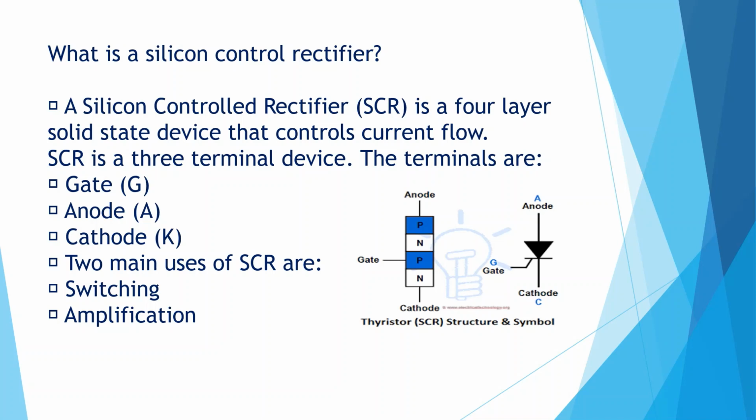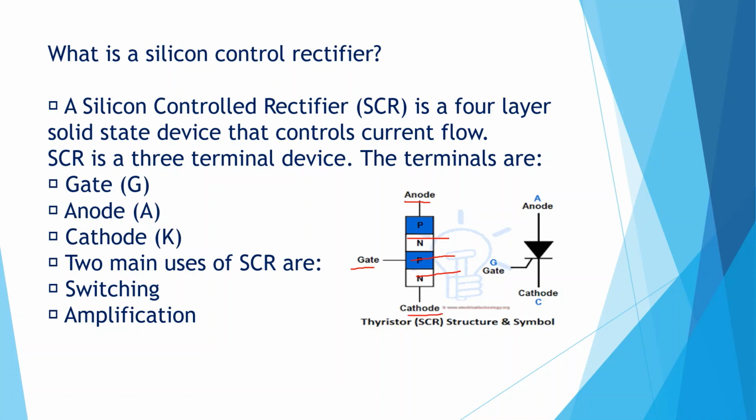So what is a silicon controlled rectifier? A silicon controlled rectifier, as I have told you before, is a four layer solid state device that controls current flow. An SCR has three terminals: anode, gate and cathode.